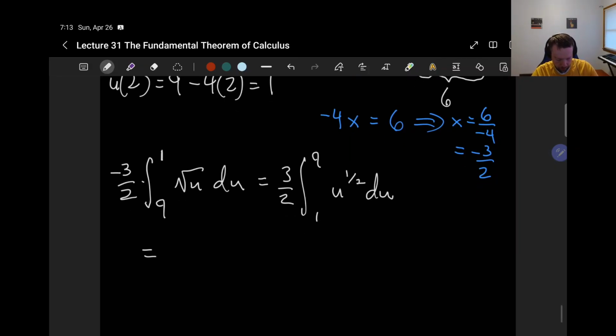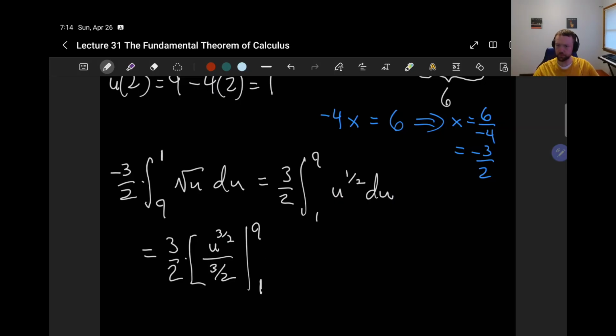And now I can perform the power rule on this. Normally I like to write a bracket here, separating off this 3/2. So taking the antiderivative, I get u to the 3/2 divided by 3/2, evaluated from 1 to 9.